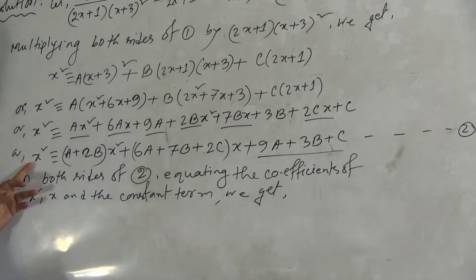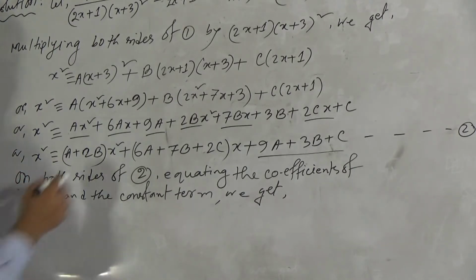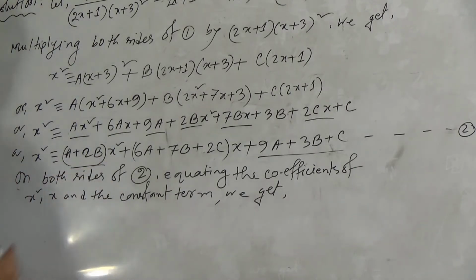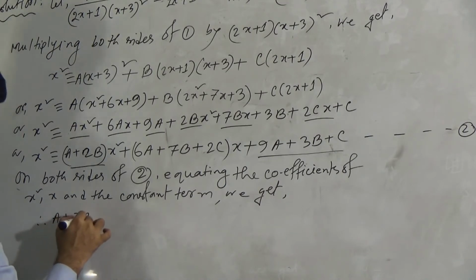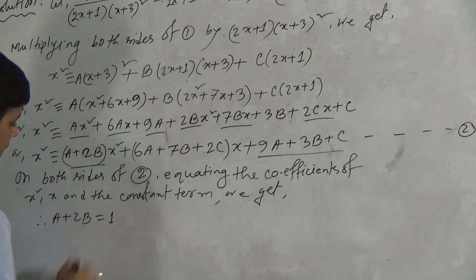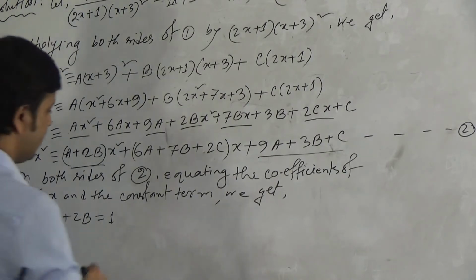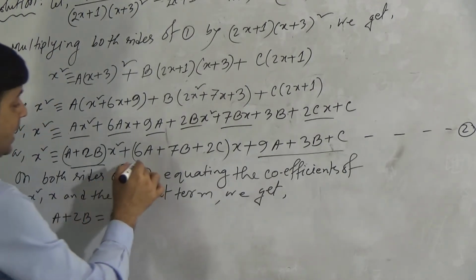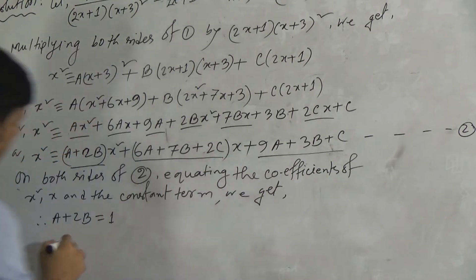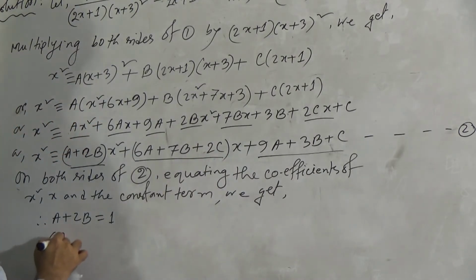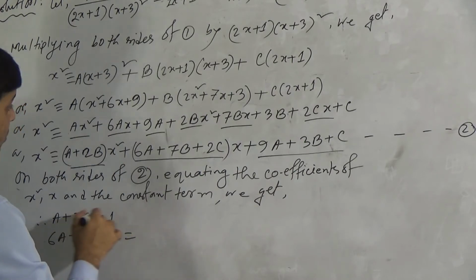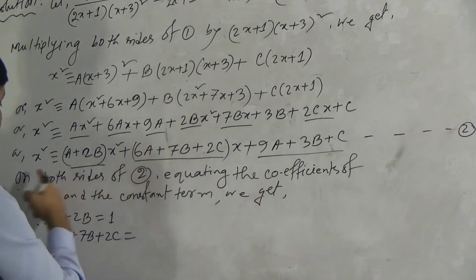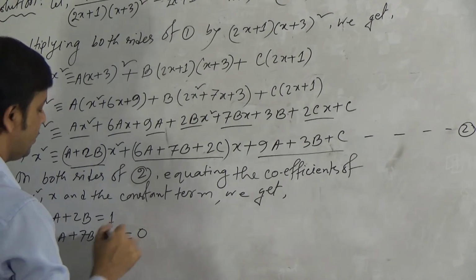So here the coefficient of x square is 1, so we can write here 1 is a plus 2b. Therefore a plus 2b is equal to 1. Then we can write 6a plus 7b plus 2c, that is equal to, here the coefficient of x is 0 in the left side, so we can write here 0.